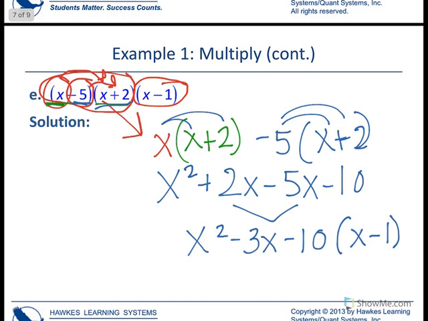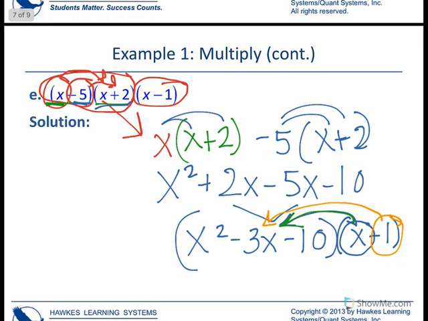Okay, so we're basically taking this x and multiplying it by everything in here. I'm trying to use different colors. Everything in here. And then we're taking this negative 1 and multiplying it by everything in here.